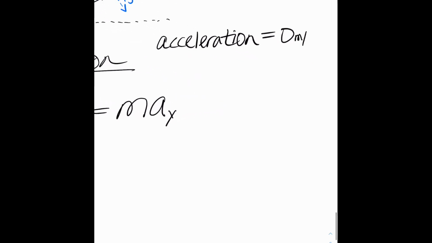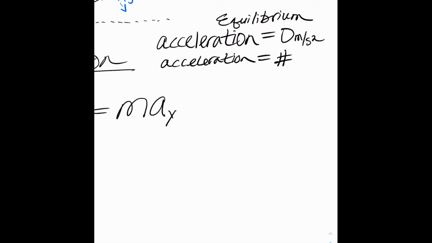meters per second squared, we like to call this equilibrium. And if the acceleration is equal to a number, maybe it's 1 meter per second squared, negative 1 meter per second squared, something like that, we call it non-equilibrium, or we call it accelerated motion.